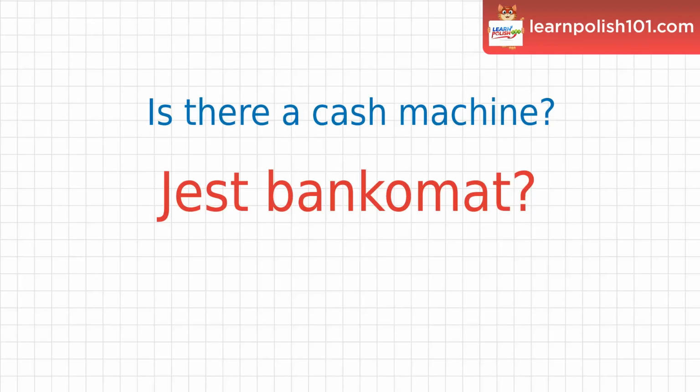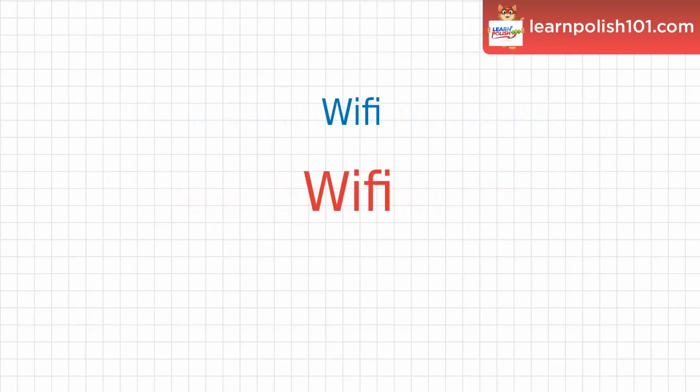Alright, so let's try something else that we want to know if it exists. Wi-Fi. Now again, do we just need to move this into Polish? So we've got a W, which gives us our W sound, and our I's like in ski. Wi-Fi. Alright, so let's try some practice sentences.